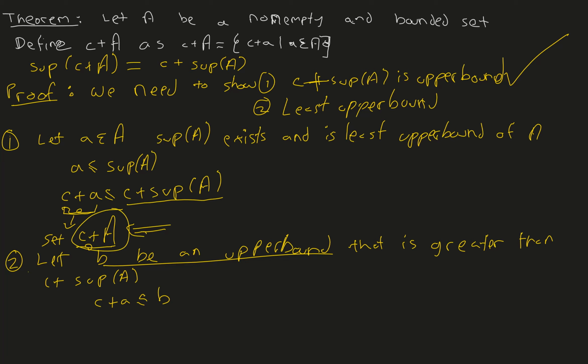So that's getting really confusing here. So c plus a is less than or equal to B, and we can write this as a is less than or equal to B minus C. So B minus C is an upper bound for the set A, right?